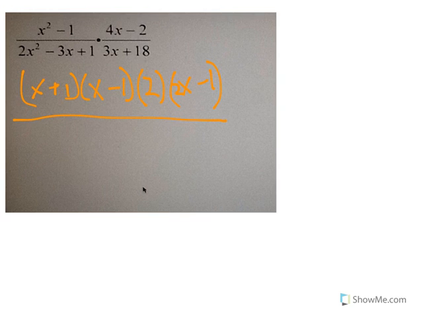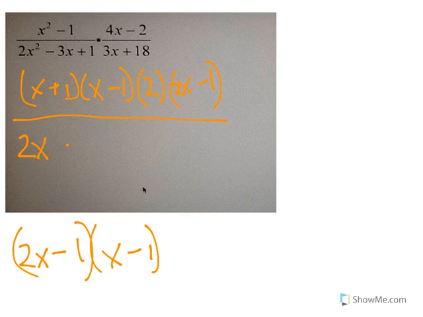And then on the bottom, when I factor it out, it's going to look like this. I'm just going to write this out: 2x minus 1. A lot of times you'll have things that match up, because otherwise the problems wouldn't be interesting and you couldn't simplify them. So this is going to be 3, and then x plus 6.